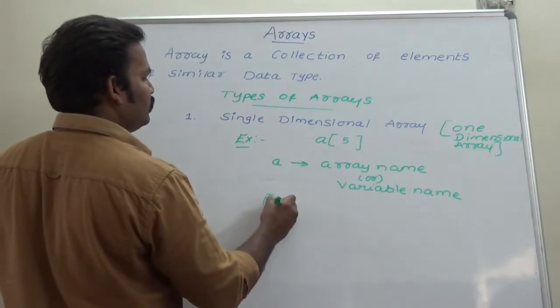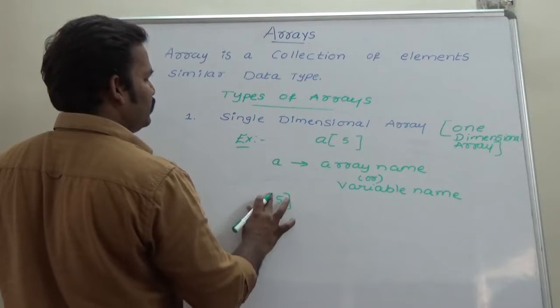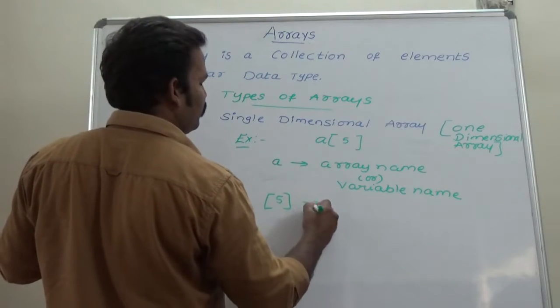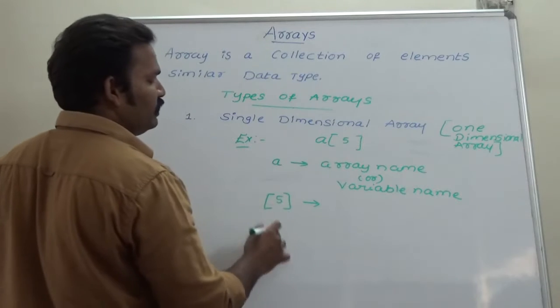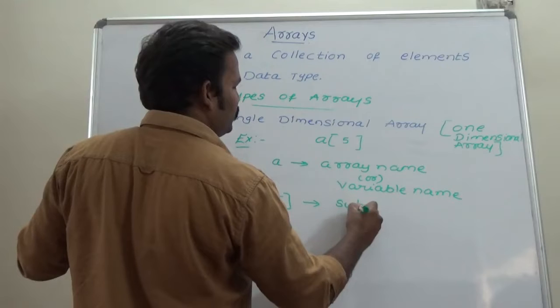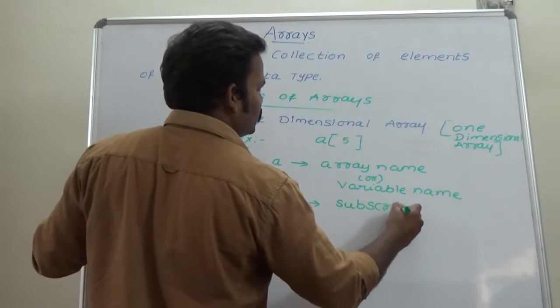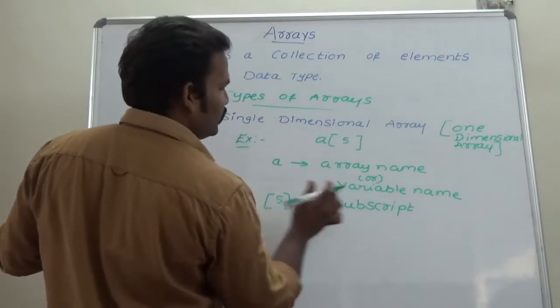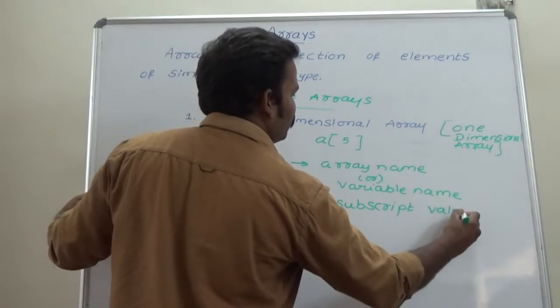Then the square brackets, and inside the square brackets the size 5 is there. That is called the subscript value.